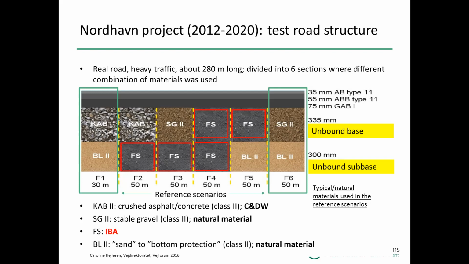The other sections, F2, F3, F4, and F5, had bottom ash included in either unbound subbase or unbound base, or in case of F4, in both unbound subbase and base.